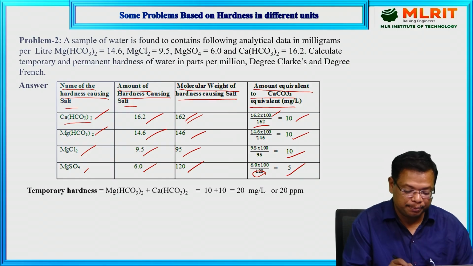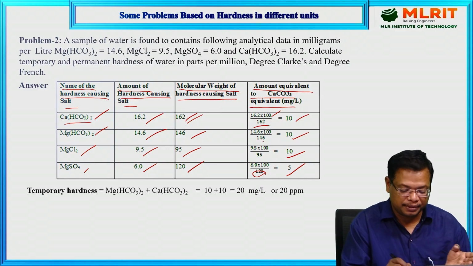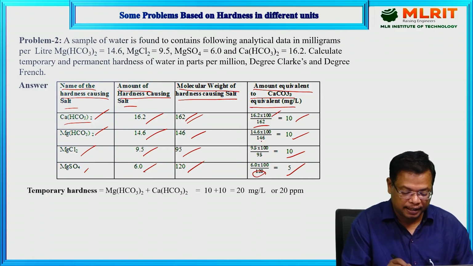So it's very simple calculation: dividing by its own molecular weight and multiplying by 100 gives calcium carbonate equivalents.